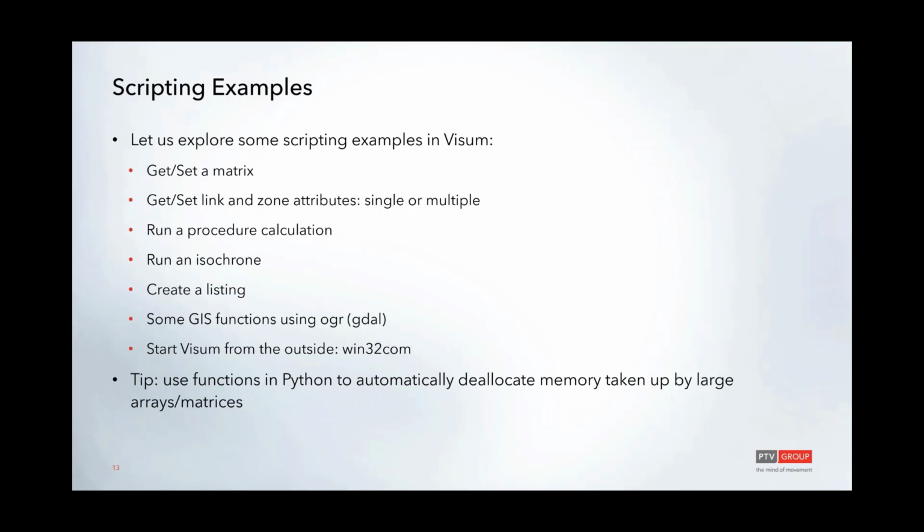So the best practice over here for using large array calculations in Visum and Visum script or Python scripting is to always define the main function that you're doing with Python as a Python function, and then call that function, so that all of the arrays that you use in that overall calculation remain in that function. They get created during the function, and then once the function is completed, those get automatically deallocated and your memory is cleared.